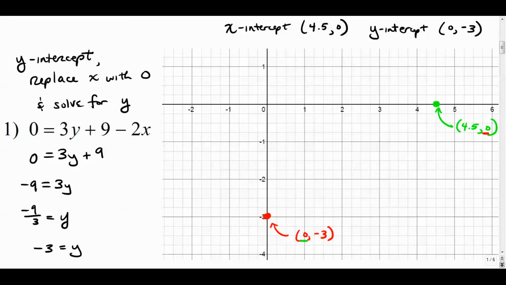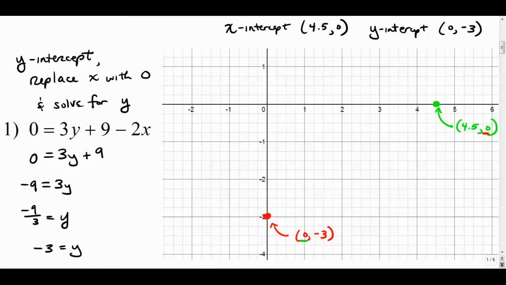The reason for that, of course, is because when you're at this vertical location, you haven't gone left and right any. So that's why your x is 0. And when you're at this horizontal location, you haven't gone up and down any. So your y is 0.